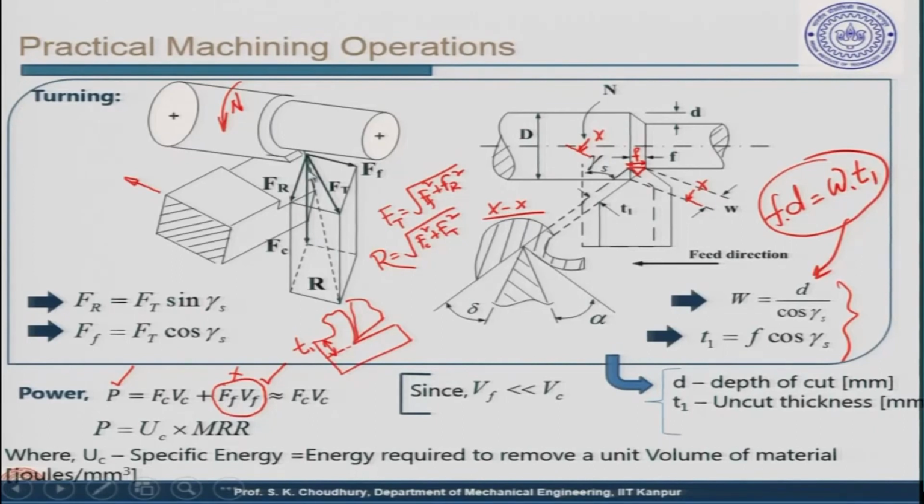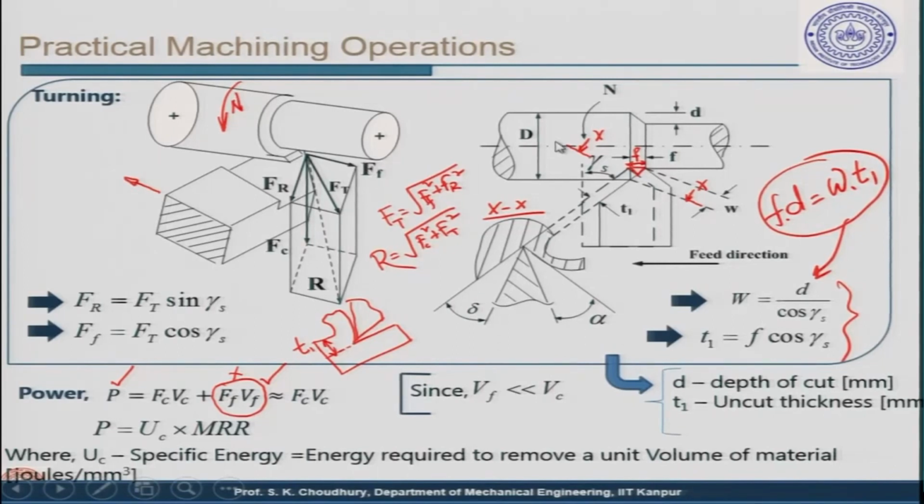The resultant force will therefore be the square root of Ft square plus Fc square. The Fr and Ff components can be found through Ft: Ft sin gamma s is Fr, and Ft cos gamma s is Ff, the feed force.